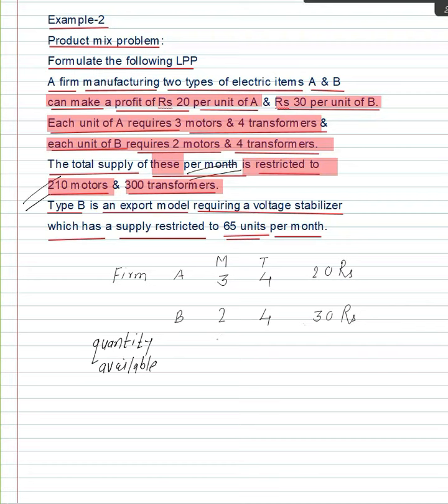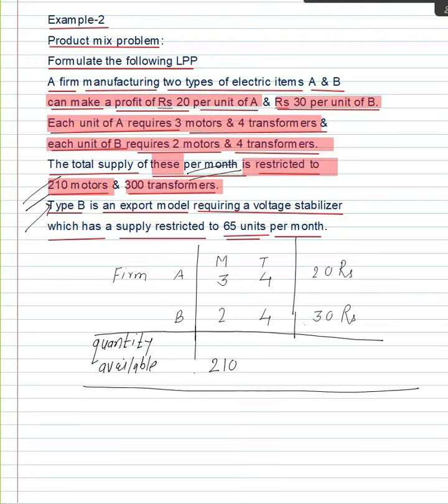How many motors are available? 210 motors. And how many transformers are available? 300 transformers are available.